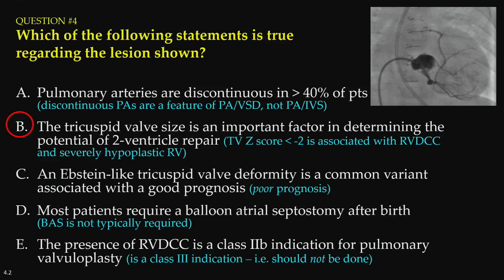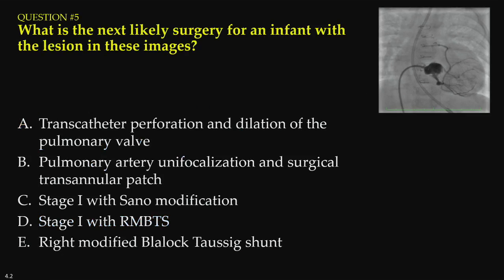An Epstein-like tricuspid valve would confer a very poor prognosis. You'd have a bigger RV because flow would be going back and forth, and you'd have a huge RA, but it would be a poor prognosis. And then BAS isn't required in this. In utero, they would have had a large ASD typically. And then finally, the presence of RV-dependent coronary circulation is a class 3 indication. In other words, it should not be done.